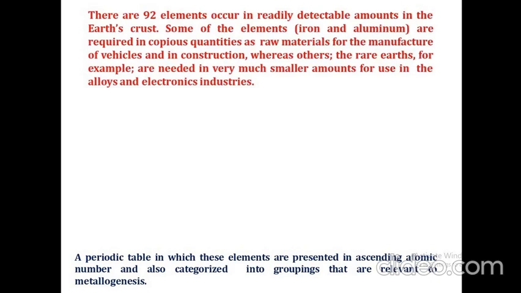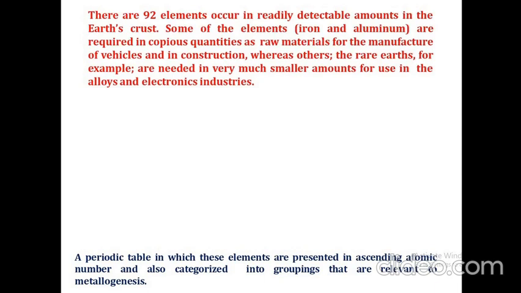A periodic table in which these elements are presented in ascending atomic numbers and also categorized into groupings that have relevant metallogenesis. There are 92 elements that occur in readily detectable amounts in the earth's crust.